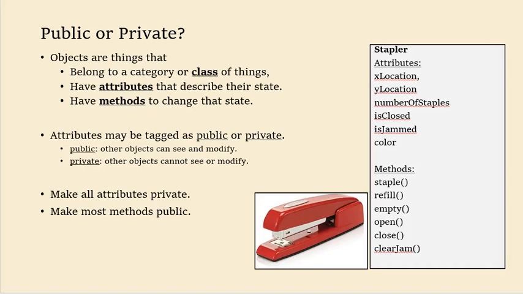It's kind of like if you have a car but you lose the car keys, all of a sudden you can't get inside the car. Well, all of the methods that you would use to work the car are now private, and therefore the car is no good. You want public access to the methods. You want no public access to the attributes, so you make them private.